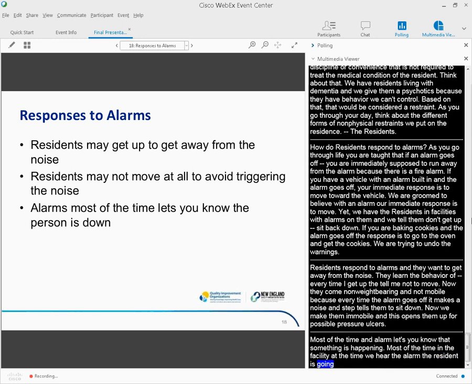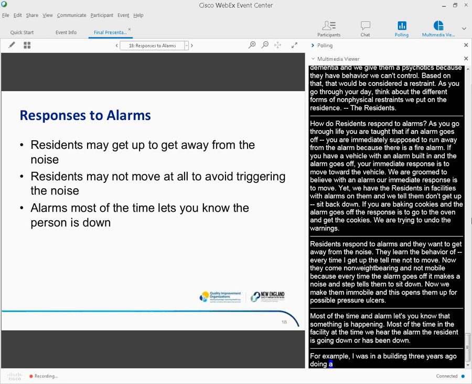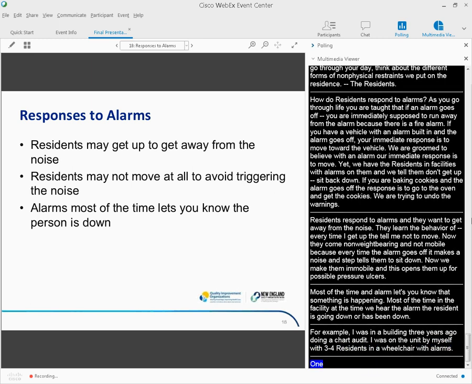I will give you an example. I was at a building about 3 years ago doing chart audits, and I was left on the station on the unit by myself with about 3 or 4 residents that were in their wheelchairs with alarms on. One particular resident kept getting up and the alarm would go off, and she'd look around to see if someone was coming. No one came, so she'd sit back down and then she'd get up.